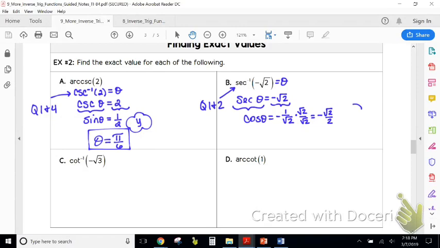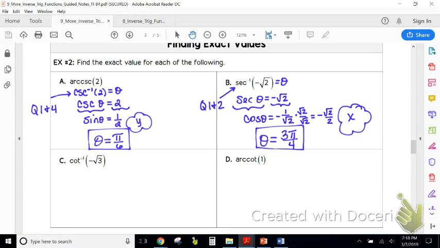So what is cosine in terms of x and y? It's our x. So we're going to go find in quadrant 1 or 2 where x is a negative square root of 2 over 2. Good, 3 pi over 4.